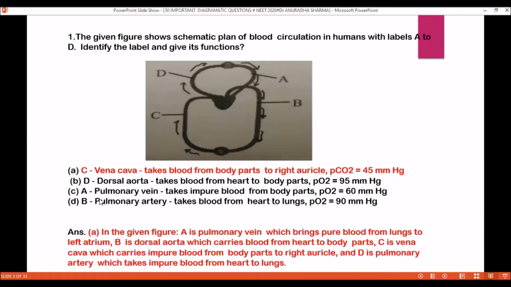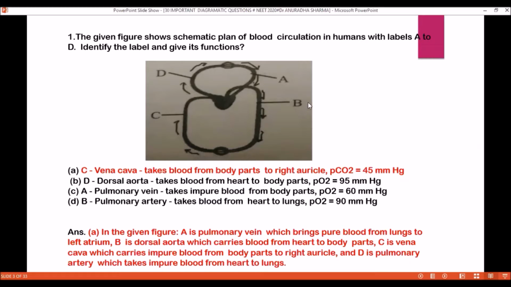A, pulmonary vein, which takes impure blood from body parts, and pressure is 60 mm Hg. And B is pulmonary artery, which takes blood from heart to lungs, and pressure is 90 mm Hg. In this figure, we can see that A is pulmonary vein, which brings pure blood from lungs to the left atrium.